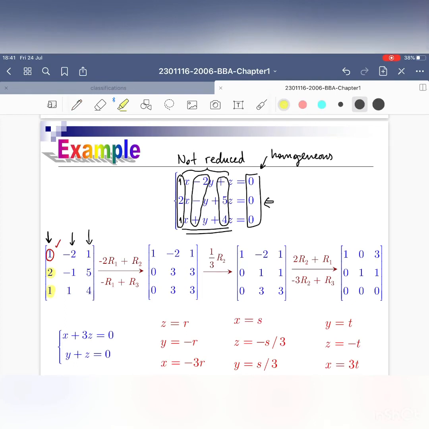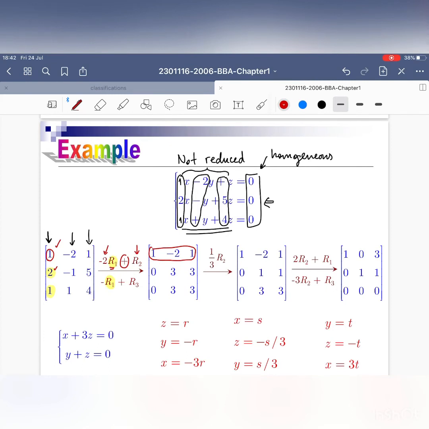You are going to use your R1 as a common row to change the others. So your R1 will be fixed, and the only things that will change are R2 and R3. For R2, you get rid of your 2 by using the opposite number multiplied by your R1. So the opposite of 2 is -2, multiply by R1, and then add your R2.